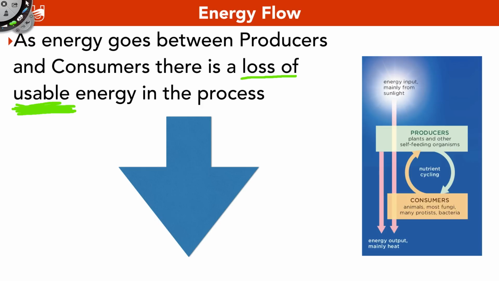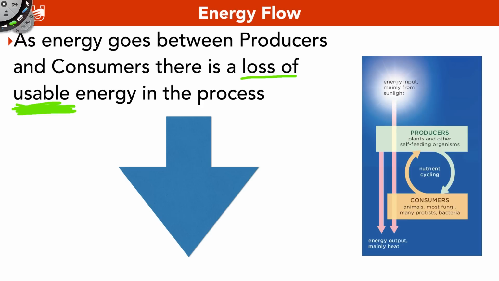Heat, sound, those are less usable forms. They're not as high quality, if you will. And as we go between producers and consumers, we have a loss of this usable energy, meaning that the energy is going into other forms of energy that we cannot readily utilize.